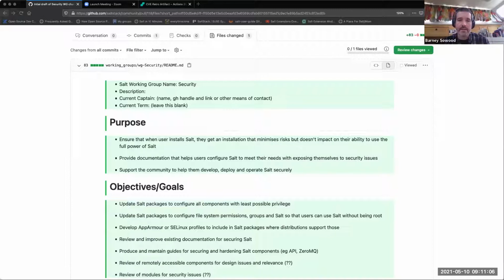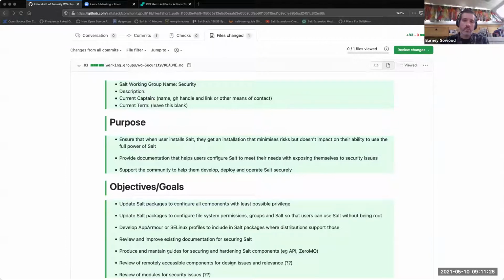Those are problems that I think we can solve relatively easily, and by doing so, reduce the attack surface.